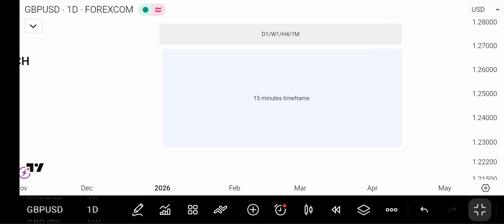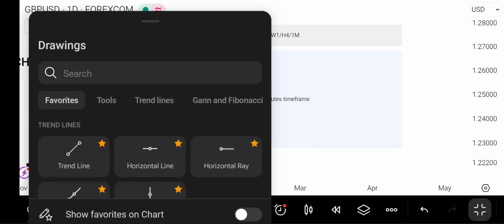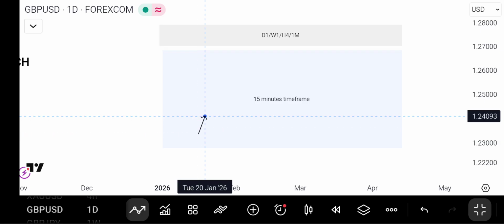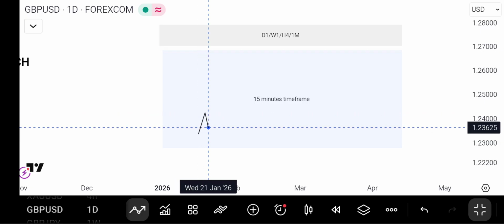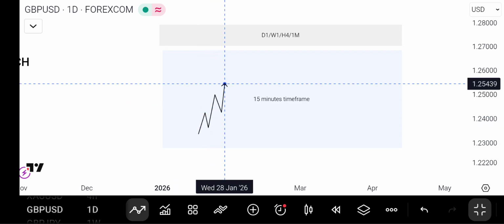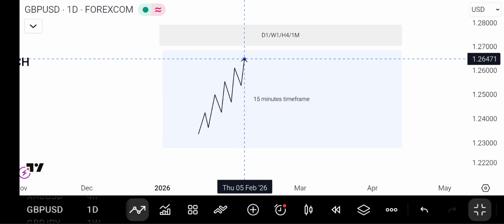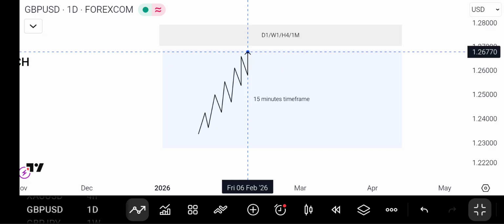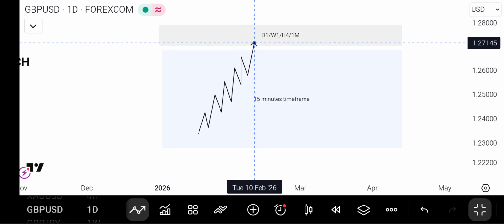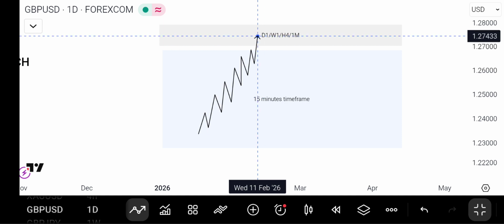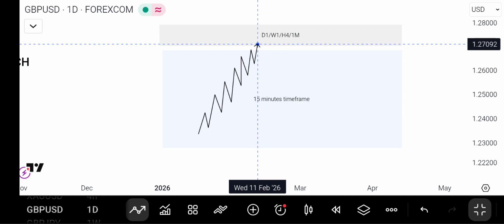I will show you the chart example. If gold is moving up, all right, and it taps, okay, hold on, and it taps into our bias point of interest, watch out, gold will do something.